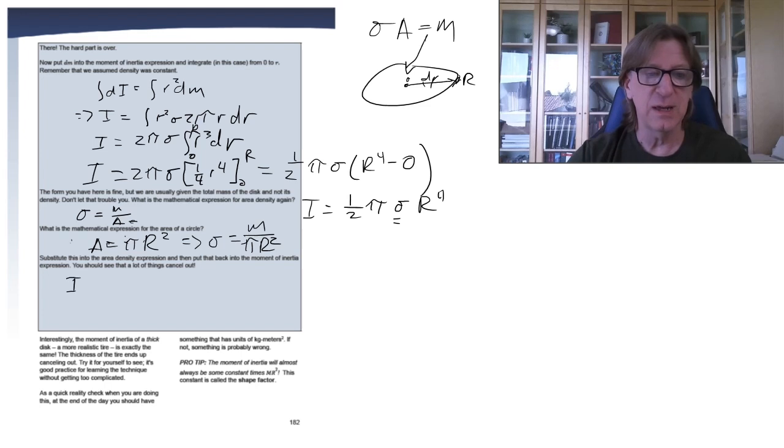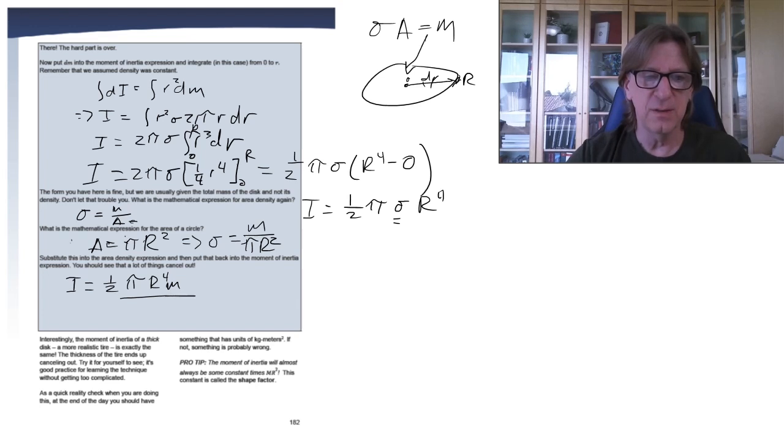And so I get I is equal to 1/2 pi R to the 4th divided by pi R squared, and the sigma's in the top, so I'm going to have an m up here as well.